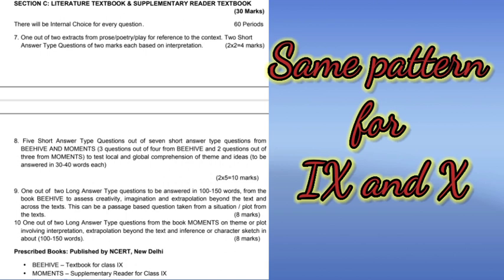And out of 4 questions, they would be asked to do 2 questions. But 2 questions would be there in choice. It's not so that all 4 questions would be there in choice and a student would be asked to do 2 questions. No, 2 questions from Beehive, the student will have to do 1 out of them, and 2 from Moments, and the student will be asked to do 1 out of them.